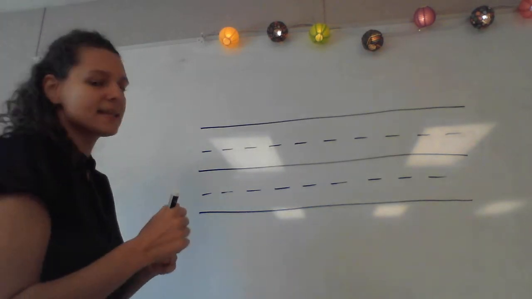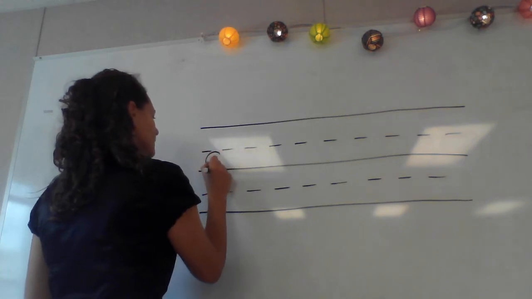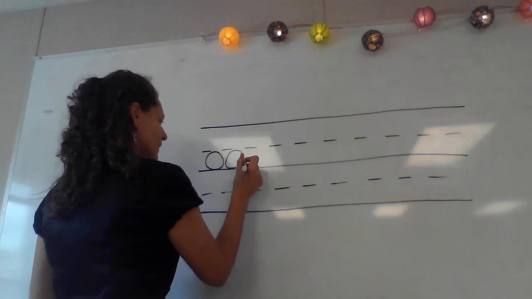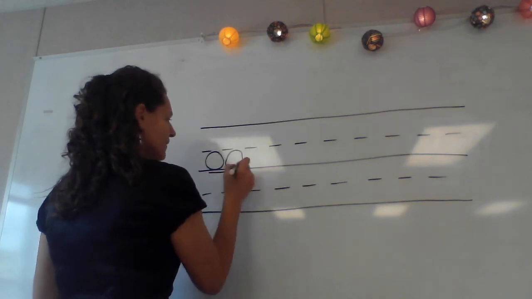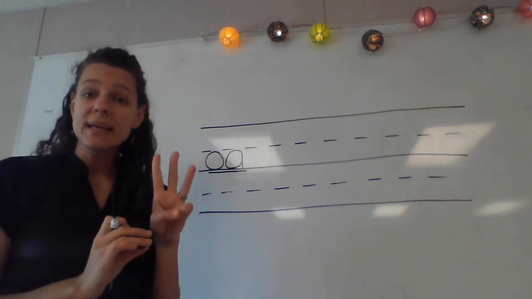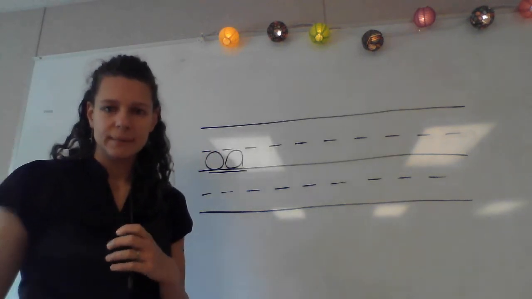All right, class. This is our O, the O of boat. So if you didn't have that, or you had something else, I want you to write this 3 times, saying while you write it, O, the O of boat.